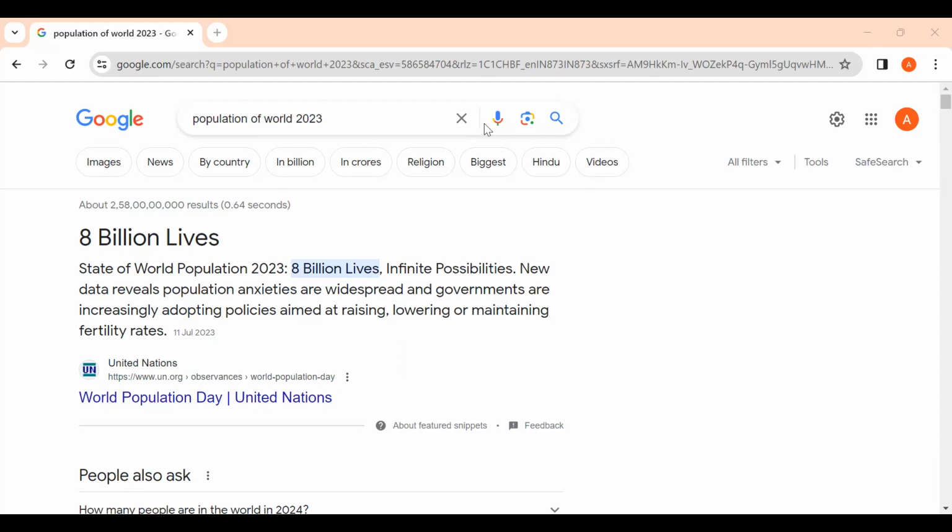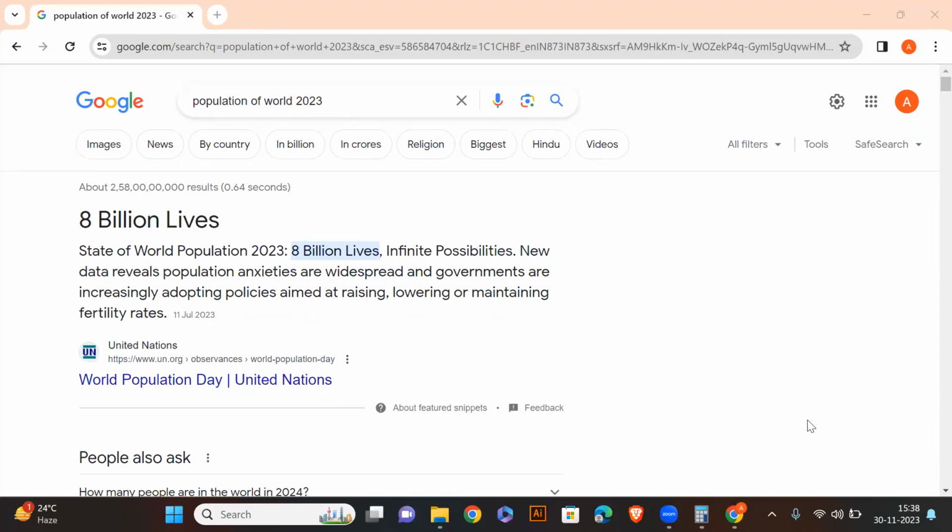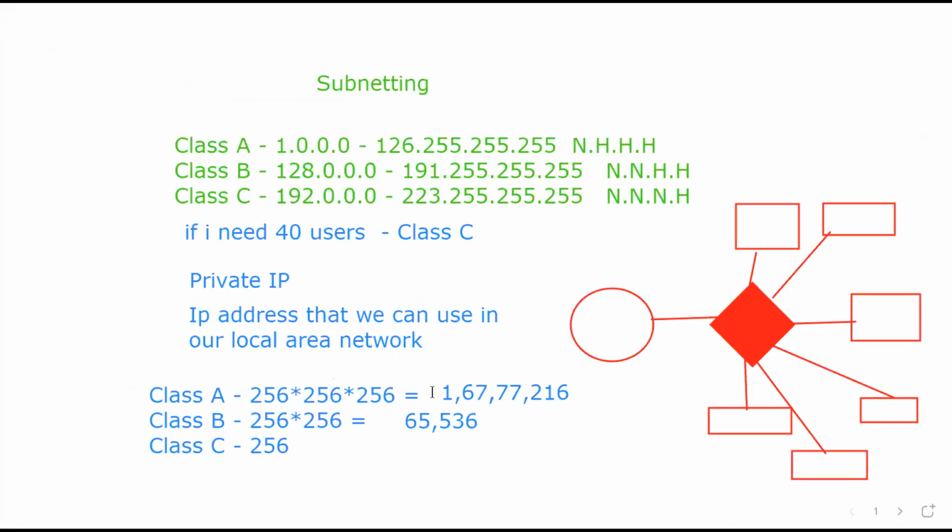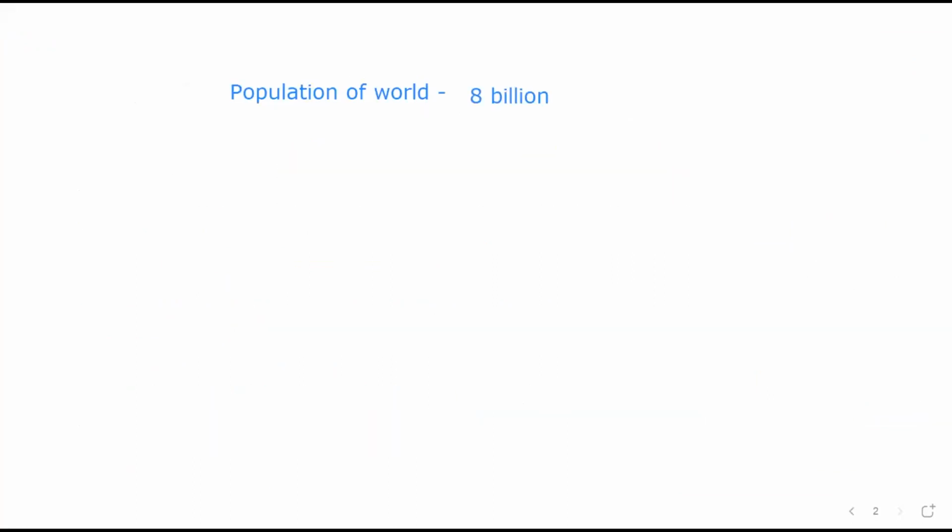Some have a phone, some have other things. So can this many IPs be assigned to all the users? No. So we need the private IP, right?